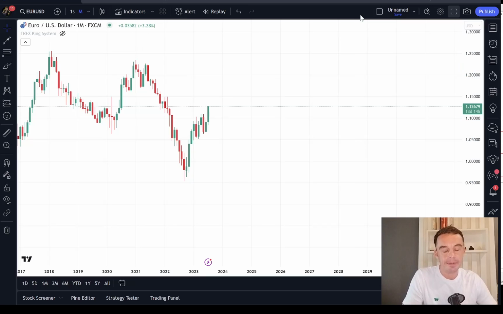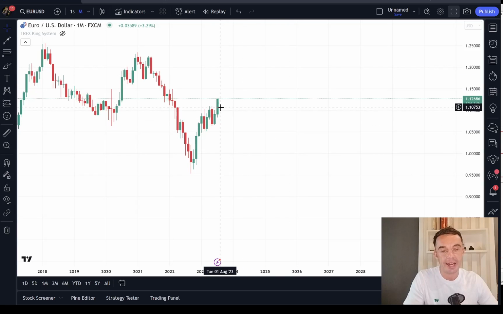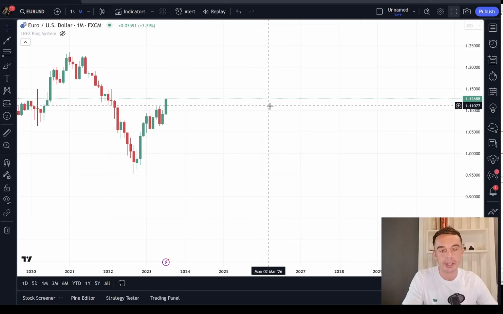When this is happening, what you want to look for on the charts, if you're a trend follower and you just want to stay with the trend, is pullbacks to newly created zones, and we're going to identify these in a minute. Newly created zones or previous swing highs that have now been eliminated on the charts.